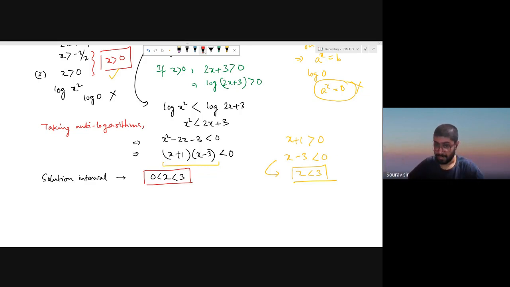Done. But since it's less than 0, that means their product is negative. So one of them should be negative, both can't be negative, because then their product will be positive. But we had x plus 1 greater than 0 because x was positive. So plus 1 added will also be positive. So the second part has to be negative. That gives you your solution interval.